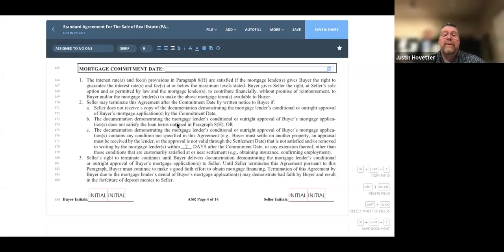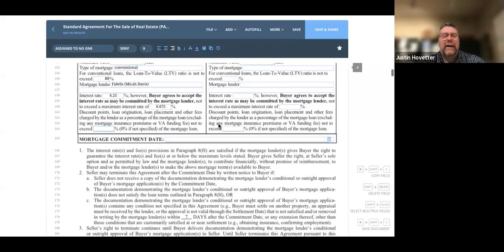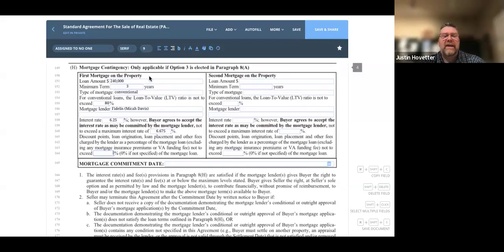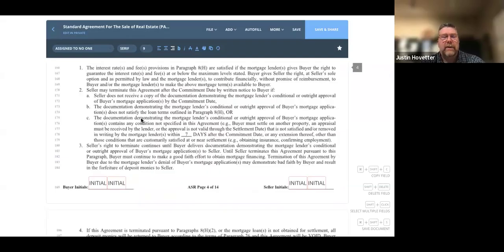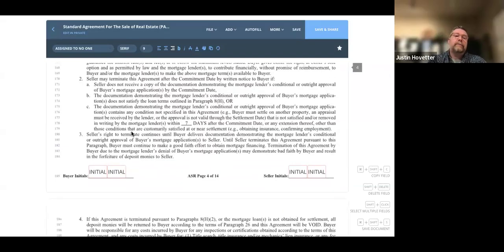Now, if the documentation demonstrating the mortgage lender's conditional or outright approval of the buyer's mortgage application doesn't satisfy the loan terms outlined in paragraph 8, the seller may terminate. So if these things aren't met and the seller doesn't feel comfortable with it, they can cancel the deal. And then third, if that document contains any condition that wasn't specified in the agreement, the seller can terminate.